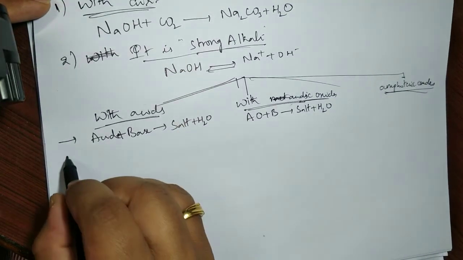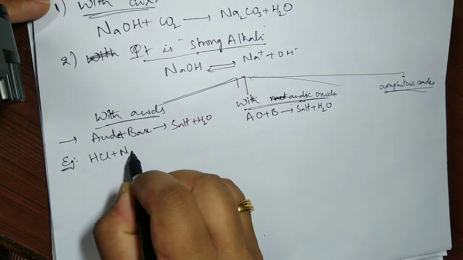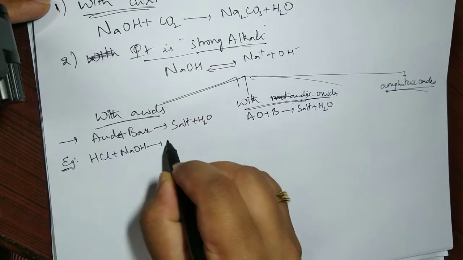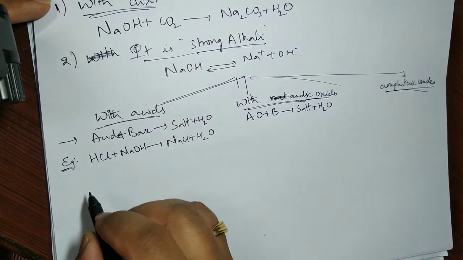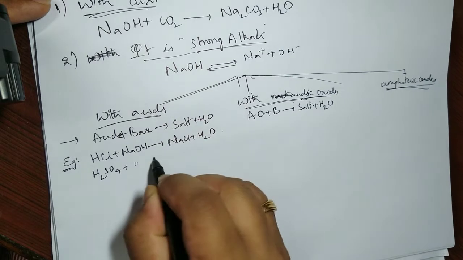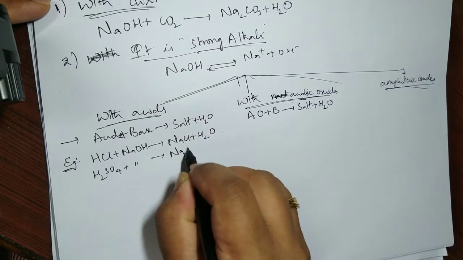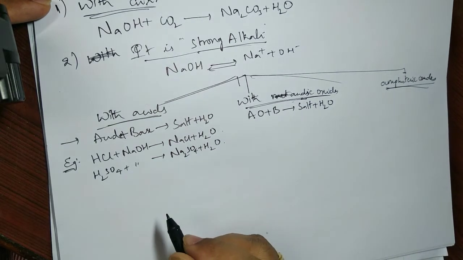So acid plus base, for example, if I talk about HCl plus NaOH, what is the salt? NaCl plus water. Same if I take H2SO4 plus NaOH, sodium sulfate plus water, right?